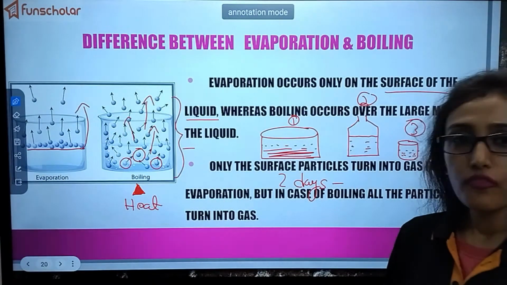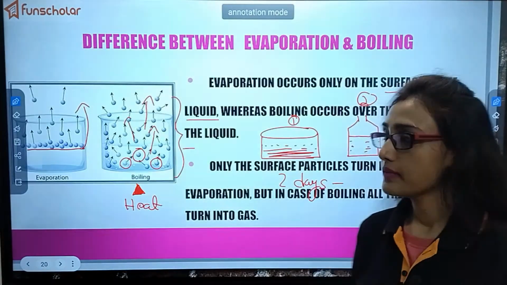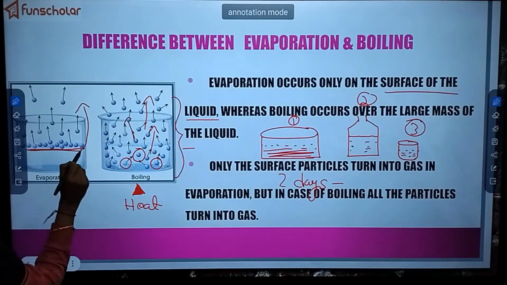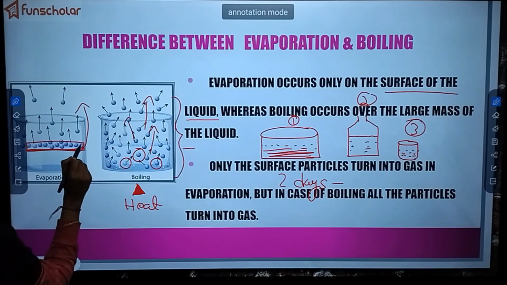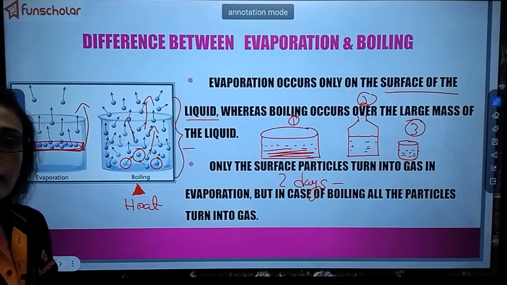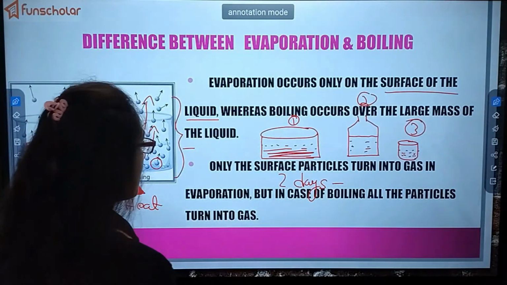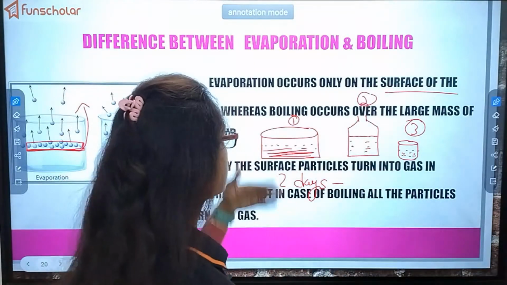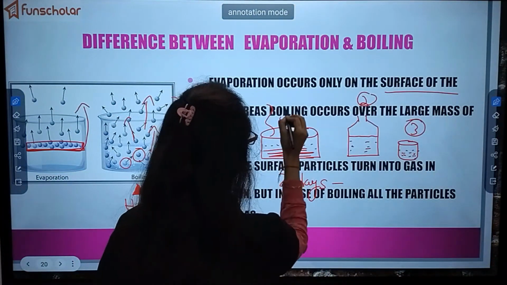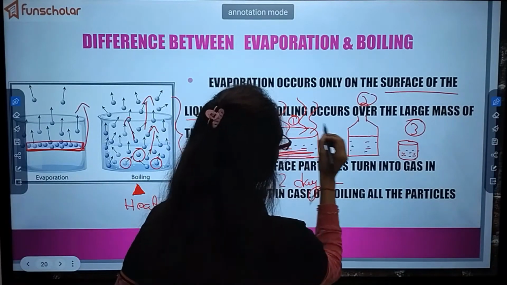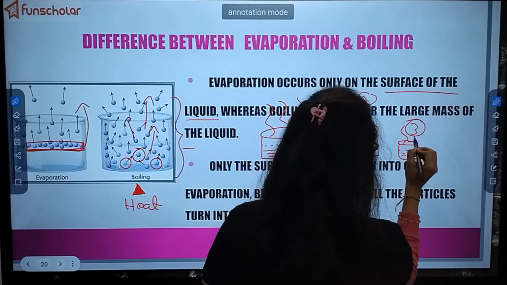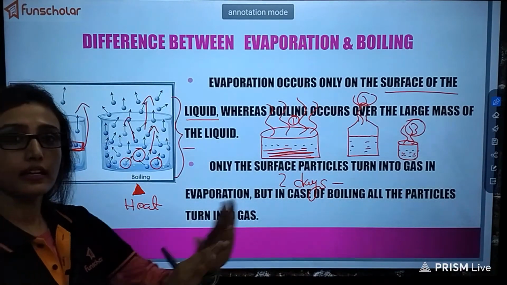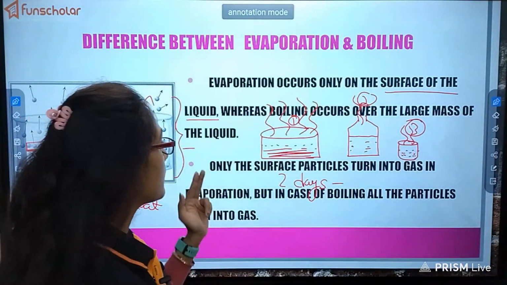Okay. So for evaporation to occur, I have already told you that evaporation occurs from the surface, not throughout the liquid. So a container having a greater surface, the chance of evaporation will be more. So among these three, where do you see the greater surface of the container?